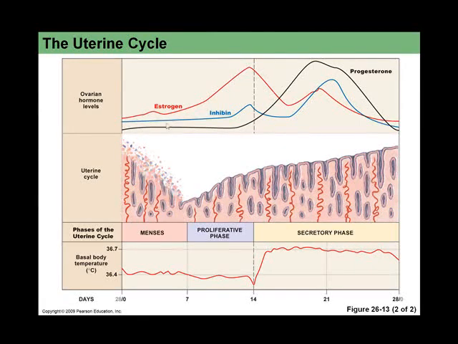They are all low in the early part of the pre-ovulatory phase, or the follicular phase of the ovarian cycle, and therefore they do not support the endometrium, and it is lost as menses. And then the estrogen levels increase, and this triggers the proliferation.